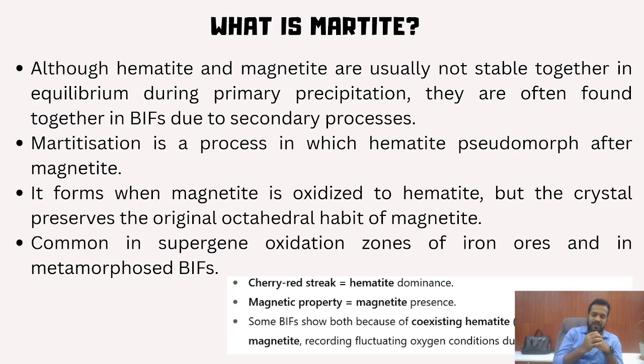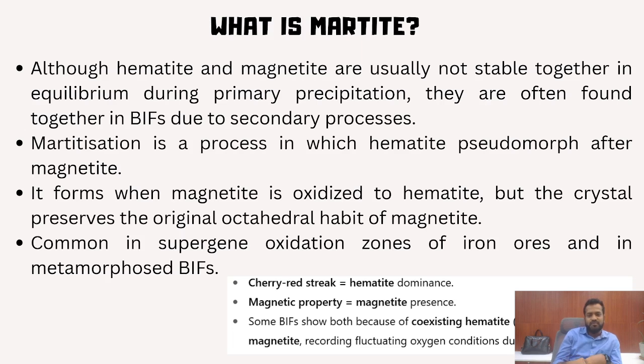But when you take a reading, you see deflection of the Brunton. So certain magnetic properties are also inherent in that rock. Magnetic property is given only by magnetite, not hematite, but the red streak is given by hematite.